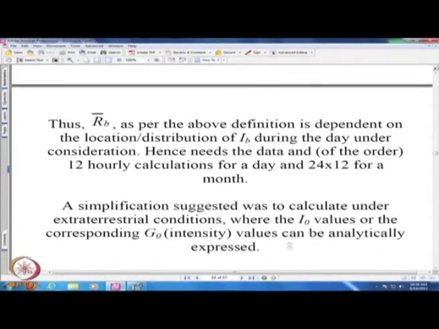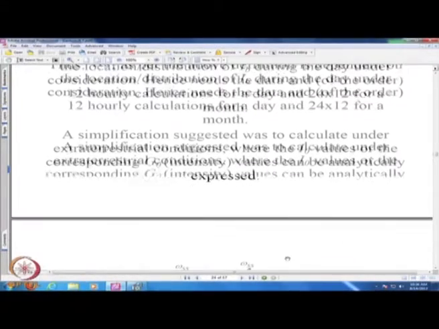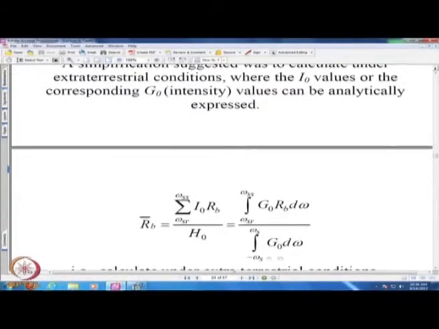and if you want it for a month, it is approximately 12 into 24 calculations. It has been suggested, as a simplification, that we do not use I_b or the terrestrial values, but use the extraterrestrial values, like intensity-wise G_0 or the hourly integrated quantity I_0. In other words, we replace I_b bar, equal to I_b R_b by H_b, with I_0 R_b upon H_0.